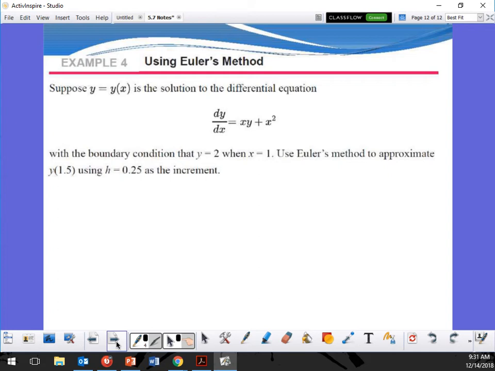Can I separate it? Serious question. Can I separate that?